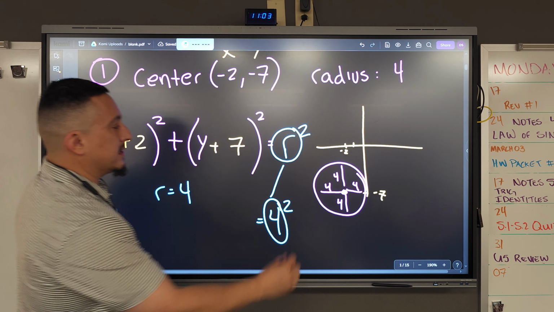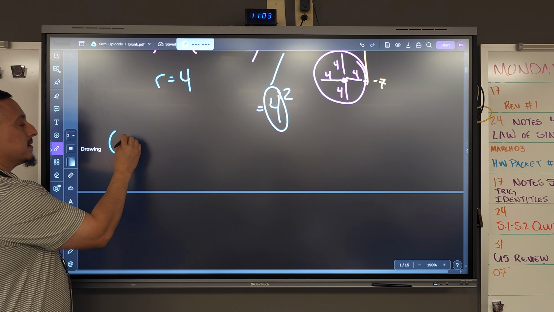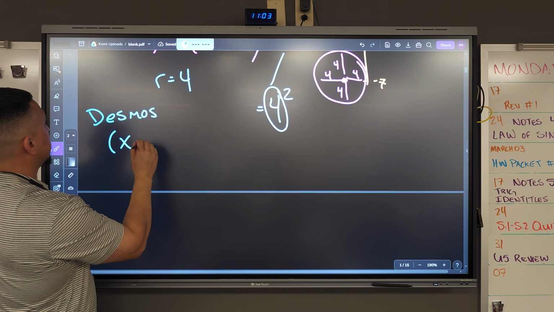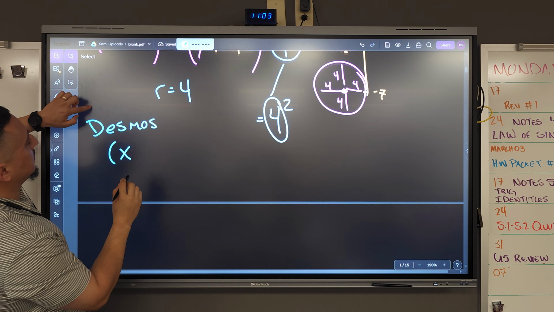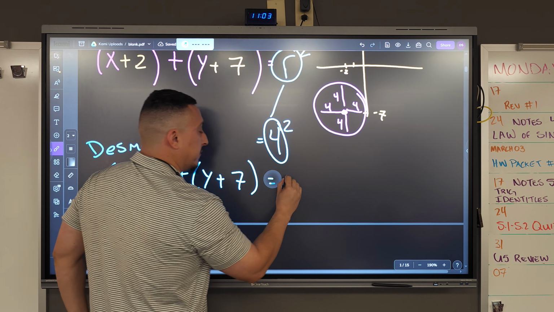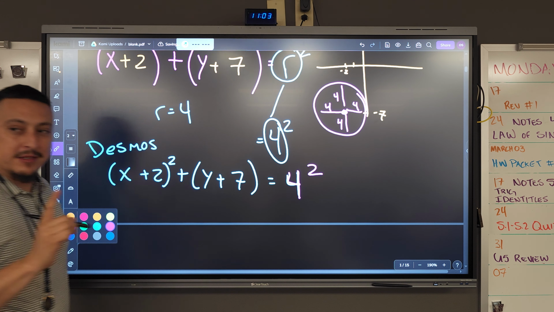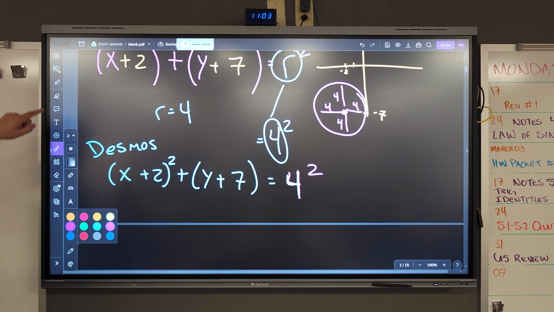So I want to clarify because that's the most confusing part. On Desmos, you could plug it in like this: x plus 2 squared plus y plus 7. I could put 4. Let me do that one differently. This is really important, okay? Pay close attention. I could plug it in like this, or like this.